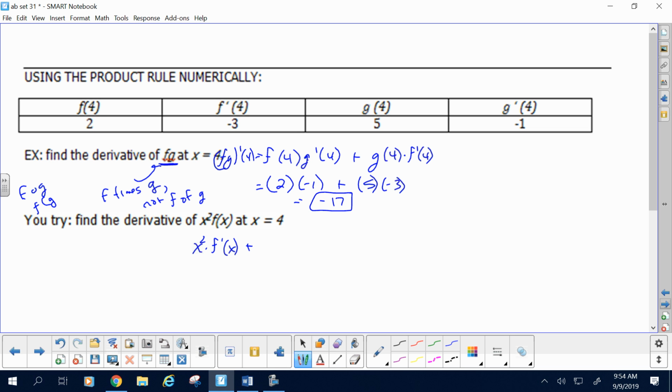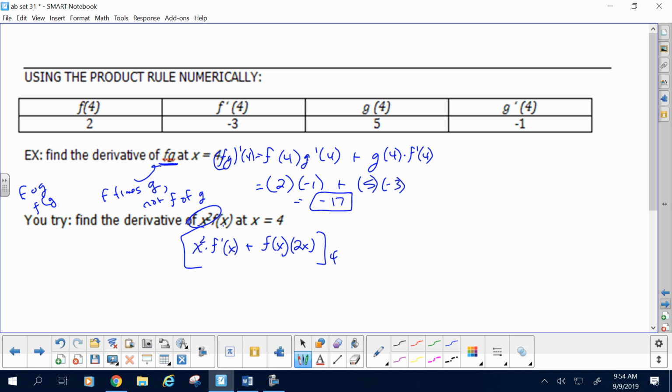Cole, what's the second part of the product rule? f of x times derivative of the first. Second stays the same times derivative of the first. What's the derivative of x squared? 2x. Okay.